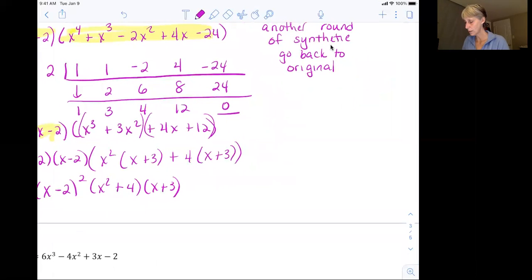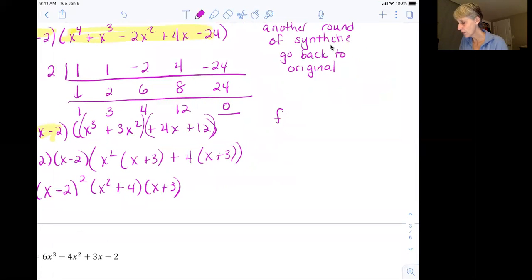So I'm going to go over here to find my zeros. x minus 2 squared, x squared plus 4, and x plus 3, and we're going to set that equal to 0 and solve it.